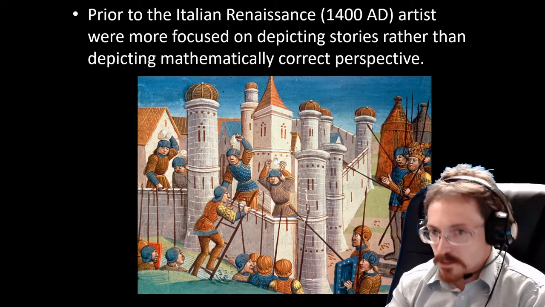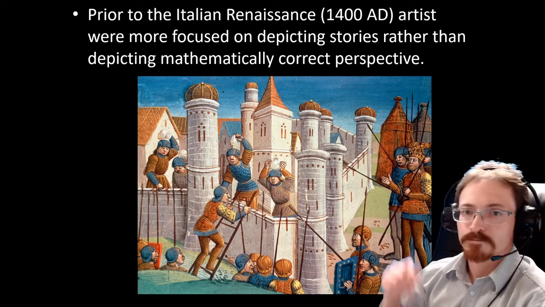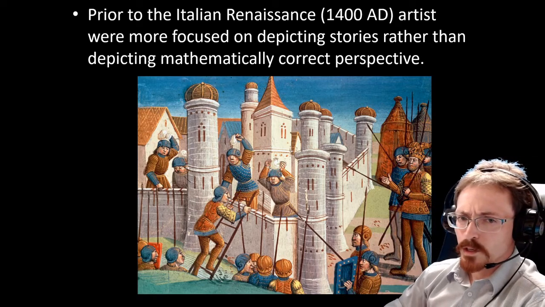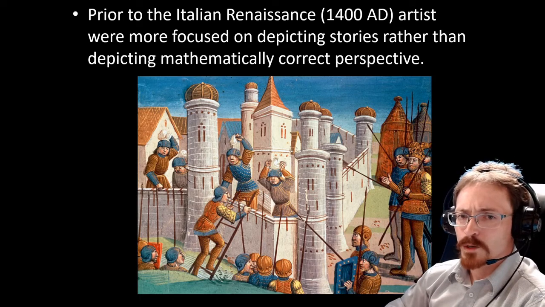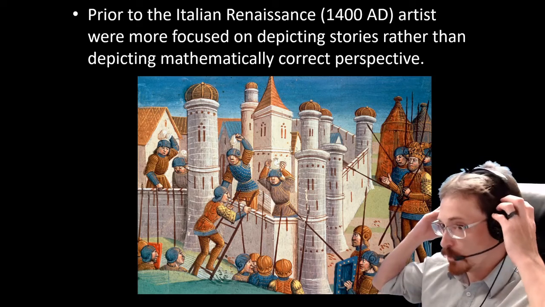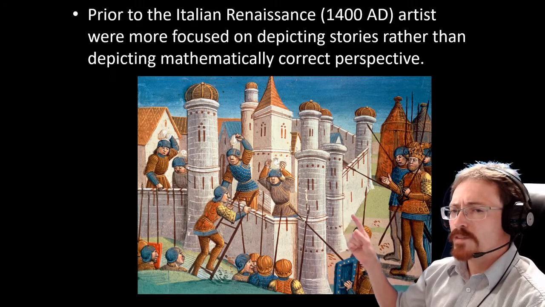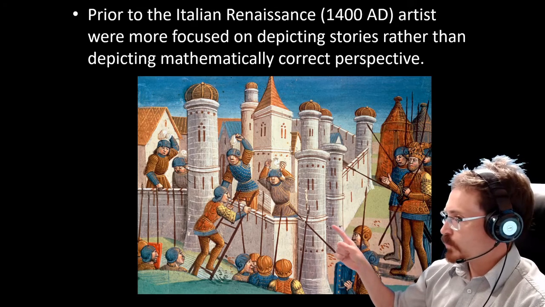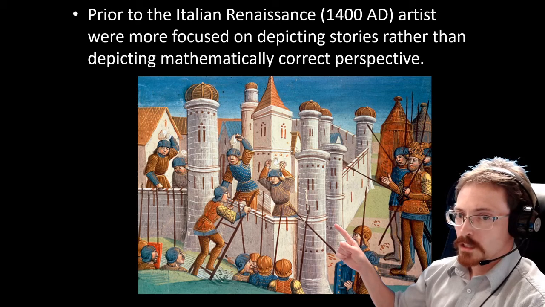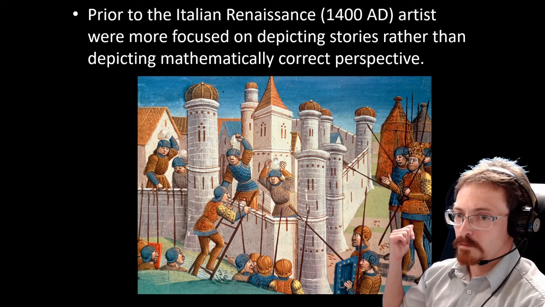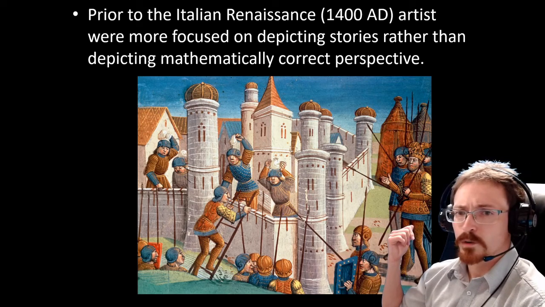So for instance, in this artwork right here, this artwork tells a story of an invading army. Pretty straightforward. We get that. Now, if this city were actually drawn to correct proportion, well, these people would be massive. They would be 30, 40 foot tall.